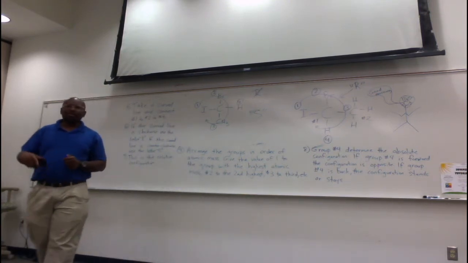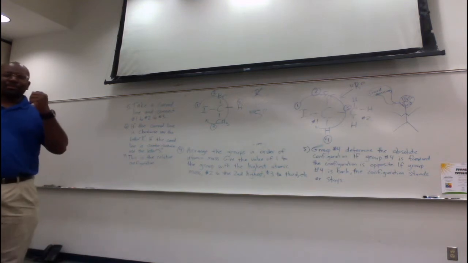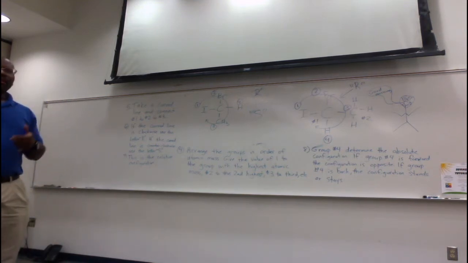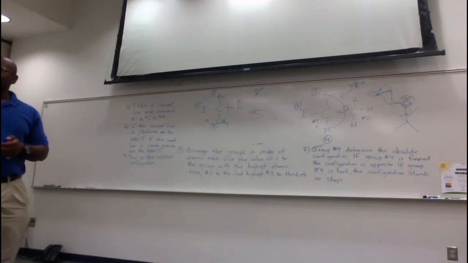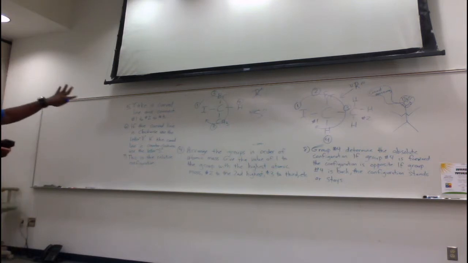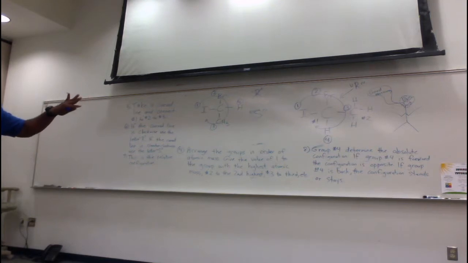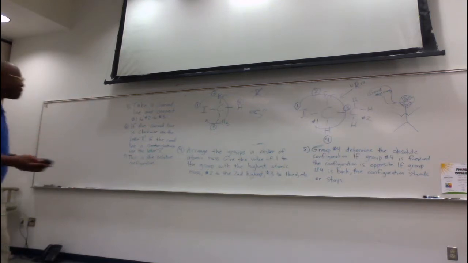Now, as far as what Edward asked me about the little solid line and wedge lines, you can take a molecule that is not shown as either forward or backward and convert it to a 3-dimensional molecule.